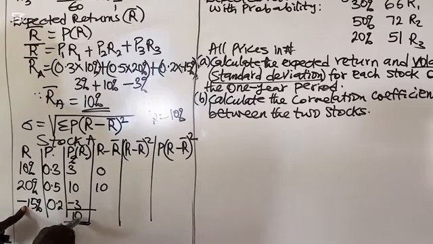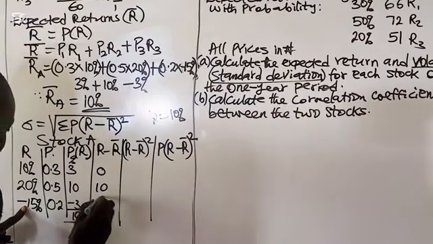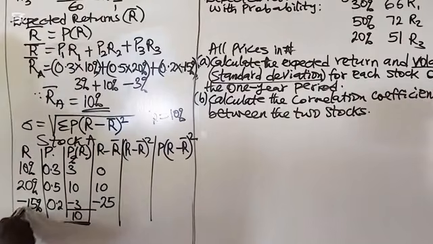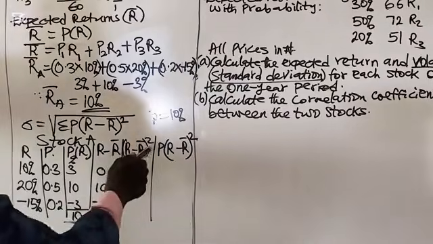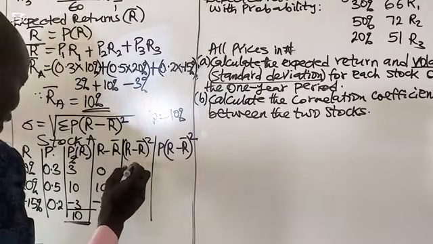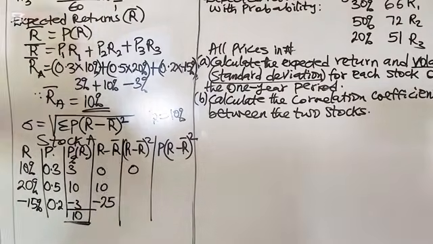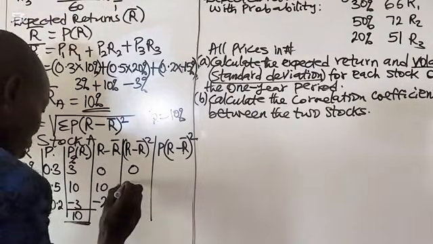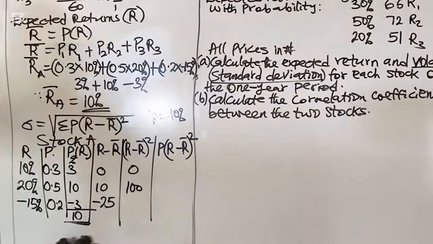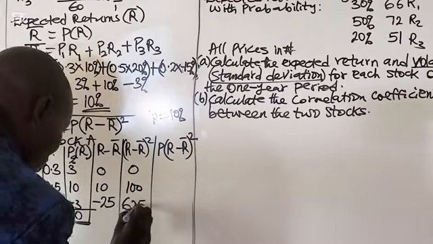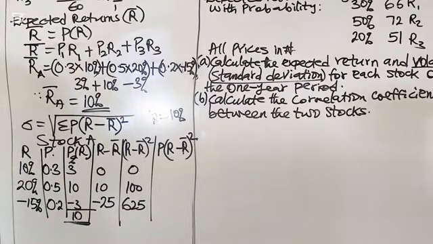Minus 15 minus 10, that will be minus 25. Then you need the square of it. The square of 0 is 0. Square of 10 is 100. Square of 25 will be 625.